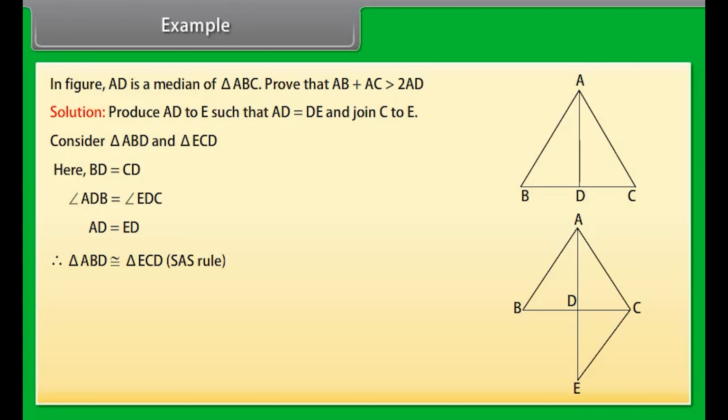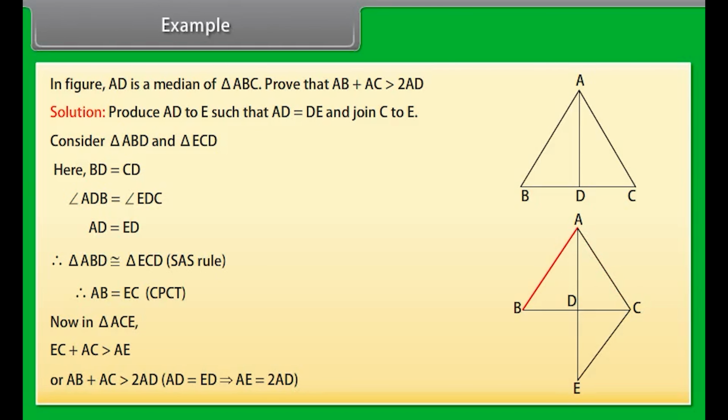Therefore, by SAS congruence rule, triangle ABD is congruent to triangle ECD. Therefore, AB is equal to EC, CPCT. Now, in triangle ACE, EC plus AC is greater than AE, or AB plus AC is greater than 2AD, because AD is equal to ED, which implies that AE is equal to 2AD.